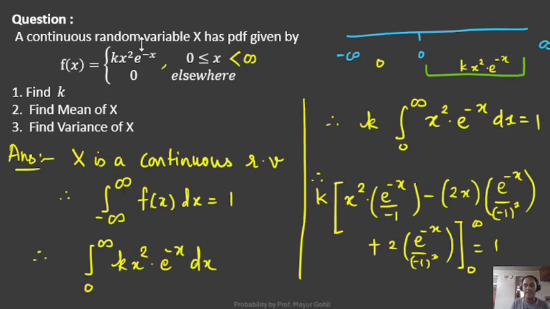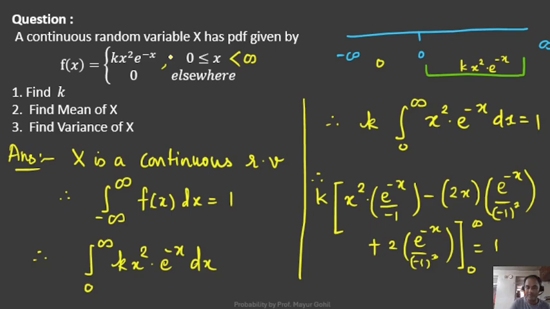So what we get here is k times, whenever we plug in the upper limit to all those terms where e raised to minus x is there, the answer is going to be 0. For the first term, when you plug in the limit infinity, it gives you 0, and later, when you put the minus sign for the lower limit as per the formula and put 0 wherever x is concerned, it gives you 0.